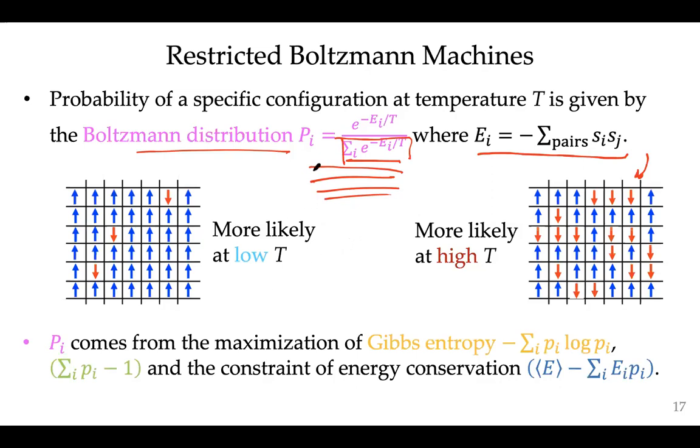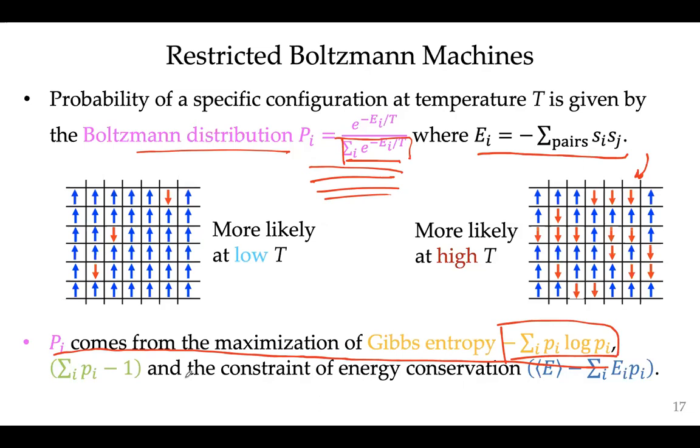But the question is, why do we have such an exponential function? Well, the Boltzmann distribution comes from maximization of Gibbs entropy. So you want to maximize the entropy. This is the statistical mechanics part.